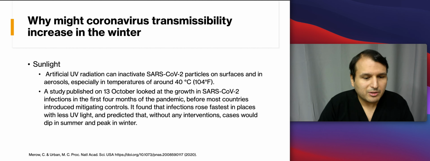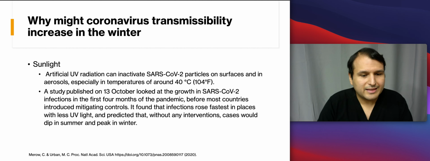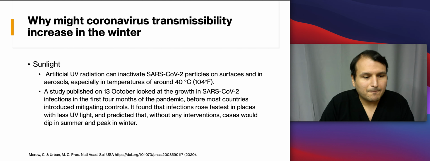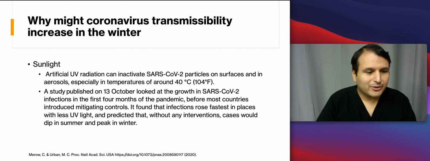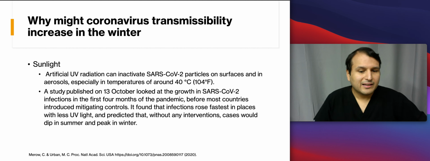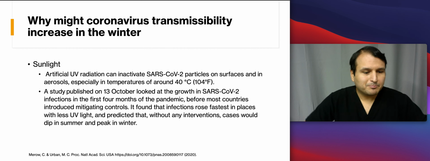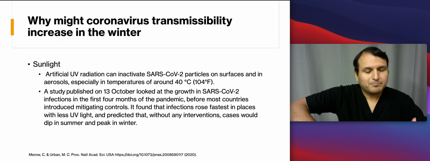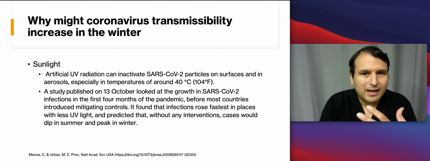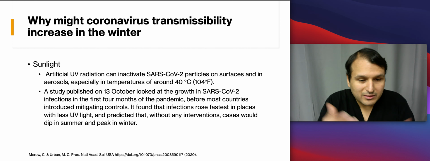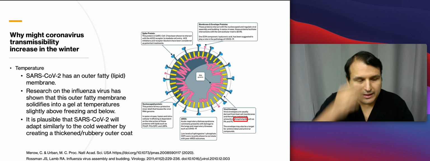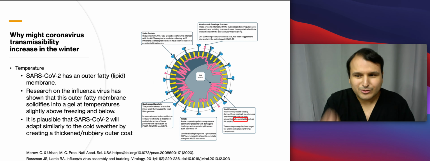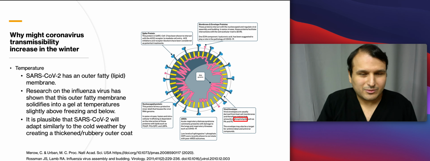A study was published, and what they noted was that the countries that had less UV light were where infections rose higher. It's pretty interesting to note. Temperature is also a key factor, and we talked about 104 degrees Fahrenheit.